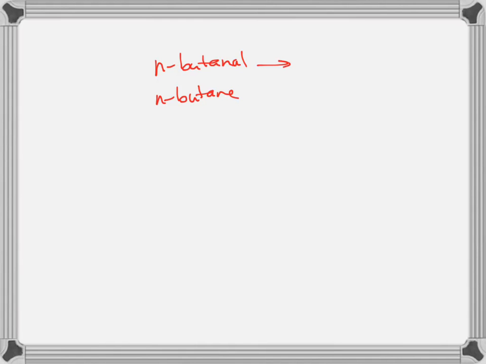So when you look at the butanol, it's your 4 carbons and the aldehyde. If you look at N-butane, it's 4 carbons. I don't know the reasoning behind why that came up, but that's what the N means.